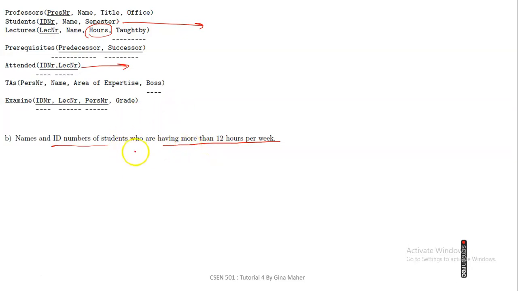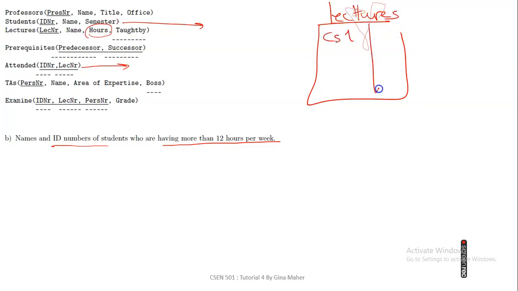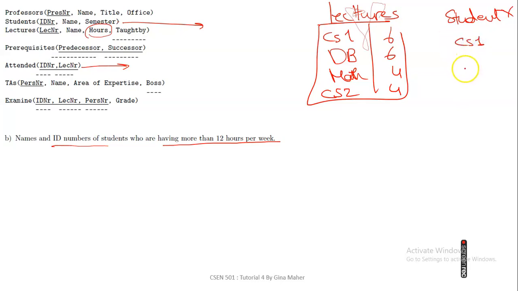For example, if we have in table lectures, CS1 6 hours, DB 6 hours, Math 4 hours, CS2 4 hours, and we have student X, for example, who is enrolled in CS1 and Math and CS2. Okay, we want to check whether this student is having more than 12 hours per week or not.